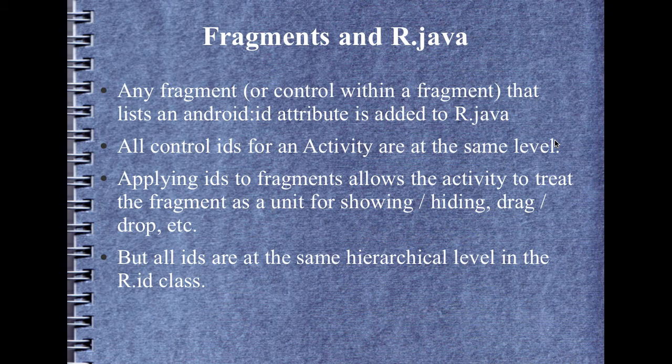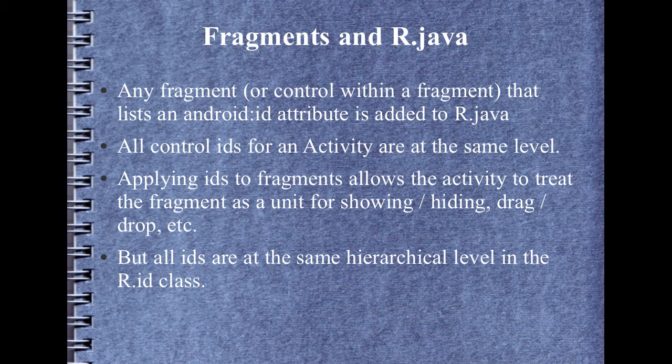So let's talk a little bit about fragments and R.java. Any fragment or control within a fragment that lists an Android ID attribute is going to be added to R.id within R.java. And then all control IDs for an activity are at the same level, whether they're in a fragment or not. So we don't have to drill down within the activity.